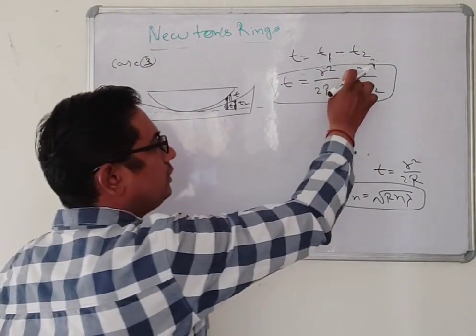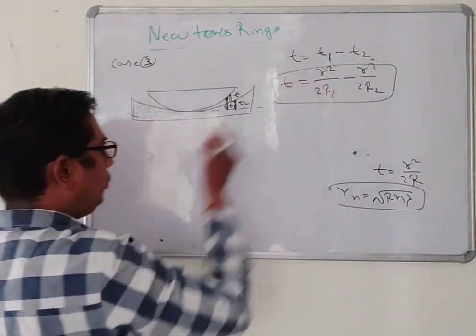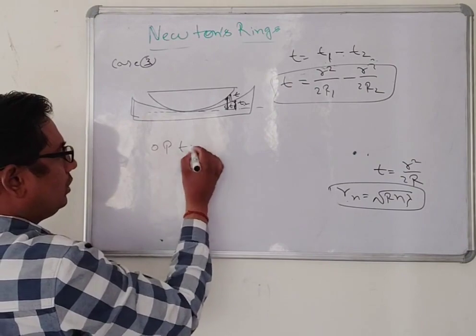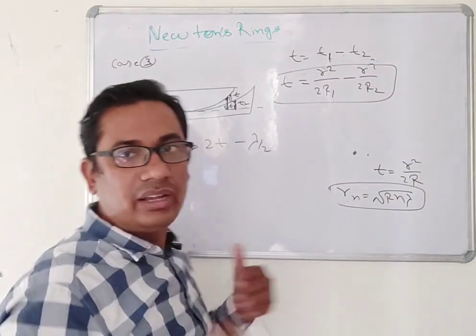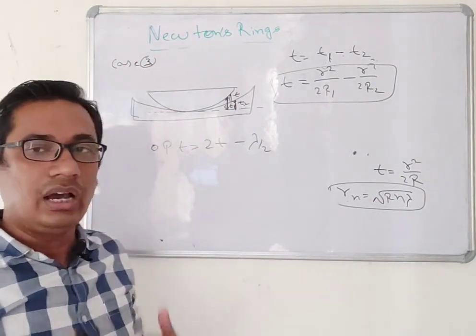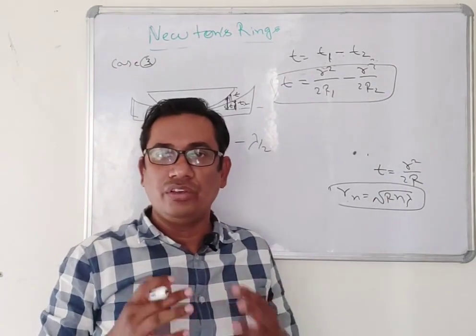In the previous case, this one was a plus. You know the path difference is 2T minus lambda by 2, then you can calculate the radius of alternate dark and bright fringes.